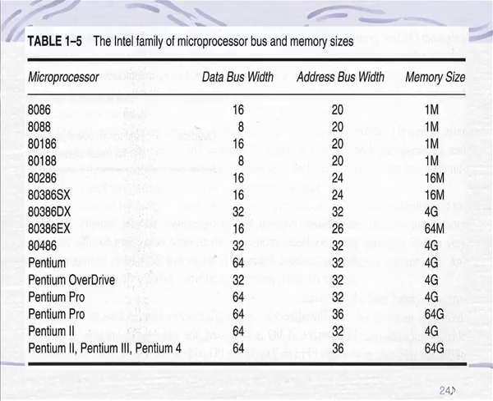In this table we have summarized all the processors from 8086 to the Pentium processors, including Pentium Pro, Pentium 2nd, 3rd. The table shows the data bus width, address bus width and memory size of the various processors.